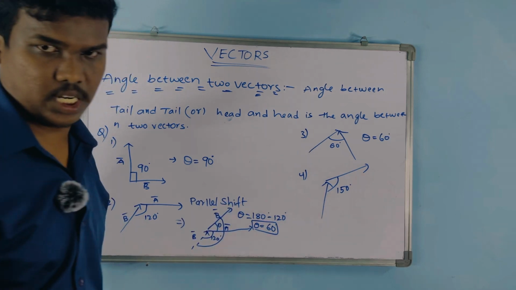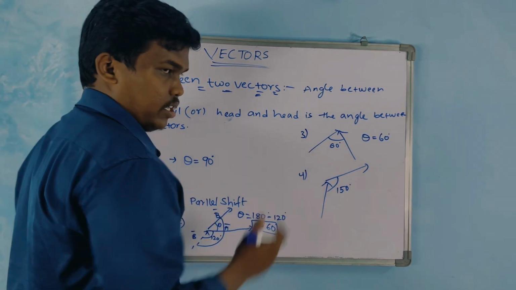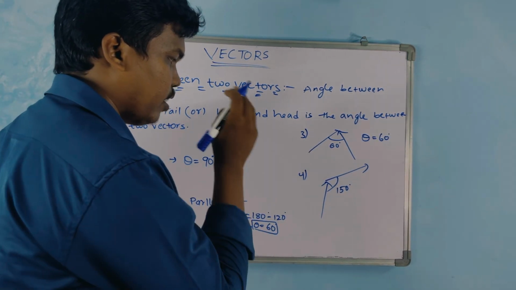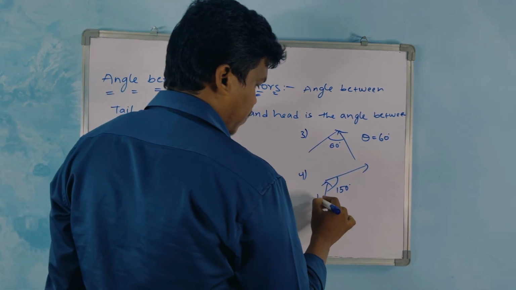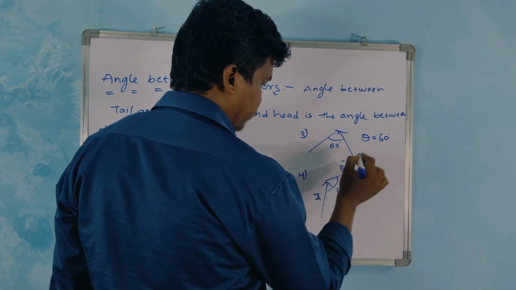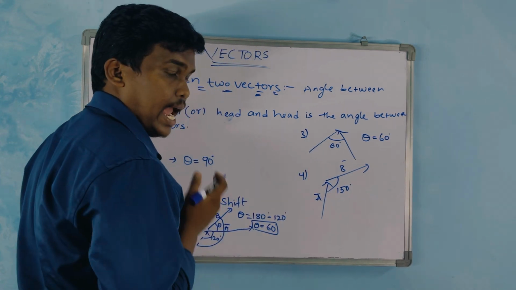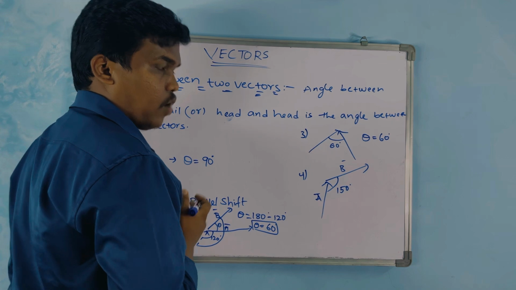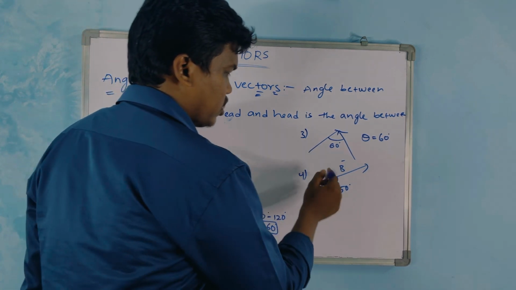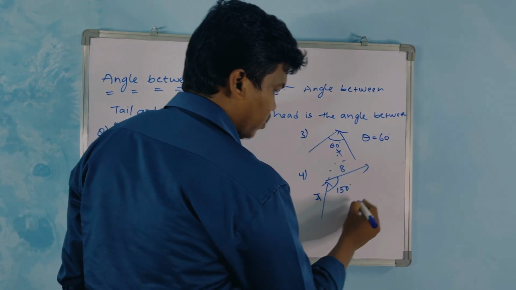Here the fourth question is. In the fourth question, you can observe that this is A bar and this is B bar. The first vector's head is being joined to the second vector's tail. Now what we can do? Just shift parallelly upward.